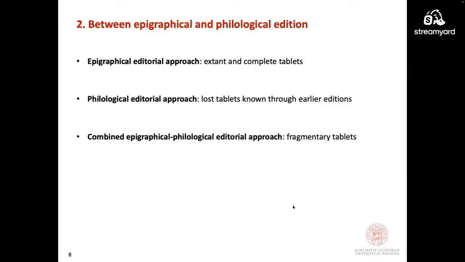So the edition has been done applying two different editorial approaches. One is, as I said in the beginning, more epigraphic, and the other one is more philological. And of course, in some cases, for example, for fragmentary tablets, we need to combine the two approaches.